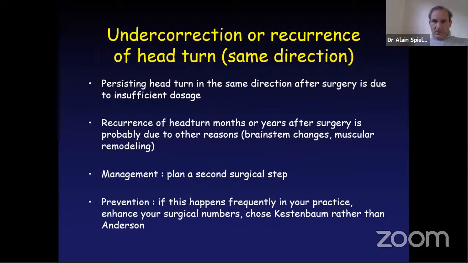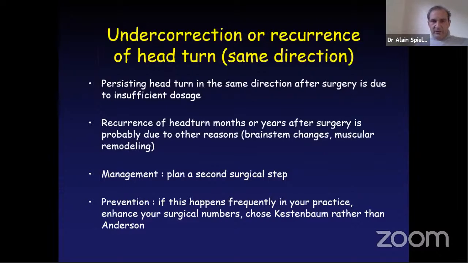Sometimes you have undercorrection or recurrence of the head turn in the same direction. Persisting head turn just after surgery, in the same direction, is due to insufficient dosage. This is undercorrection. This is not unusual.